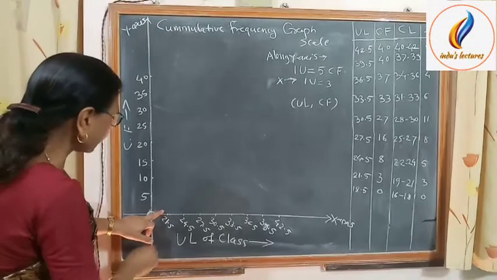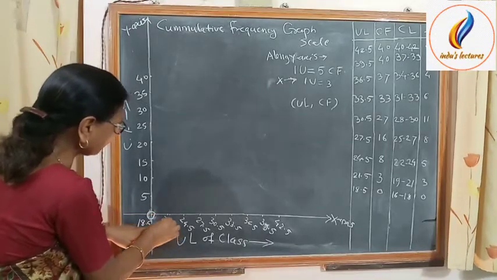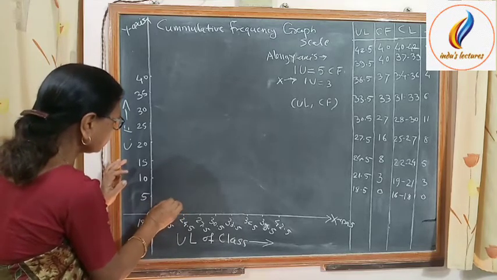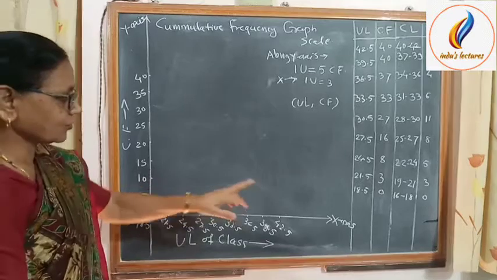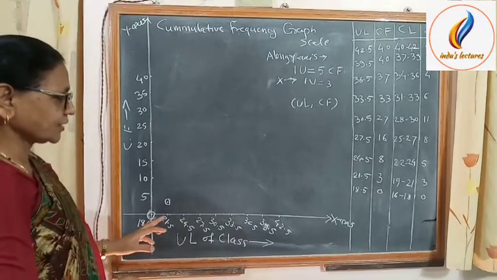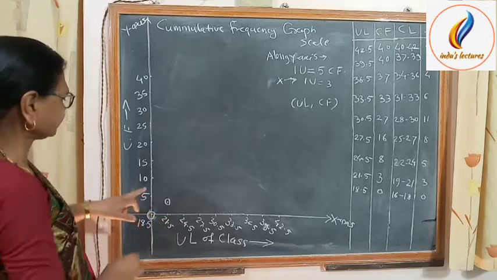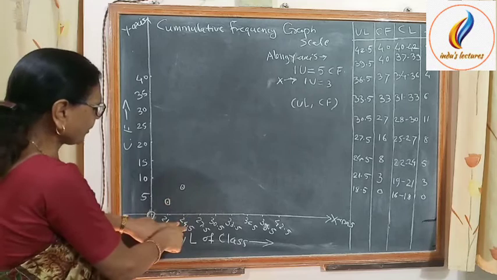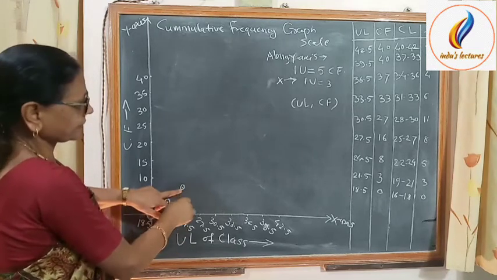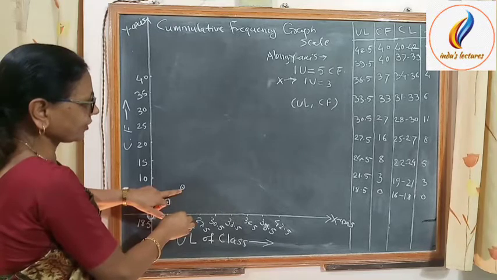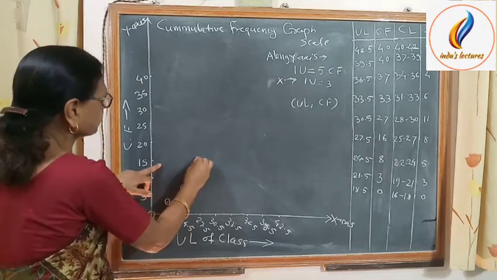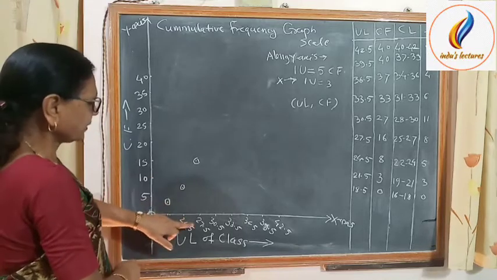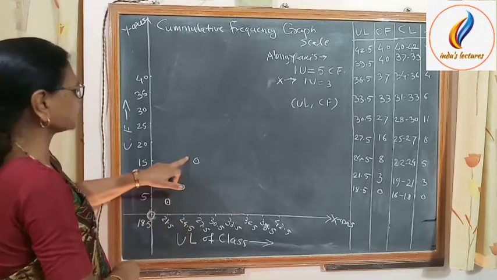Now the next point is 24.5 comma 8. This is a point. Then the next point is 27.5 comma 16.